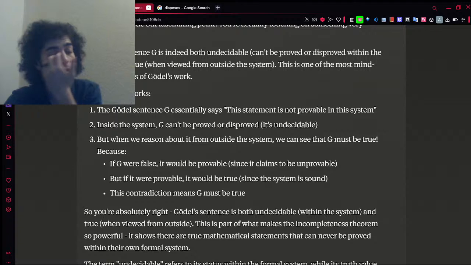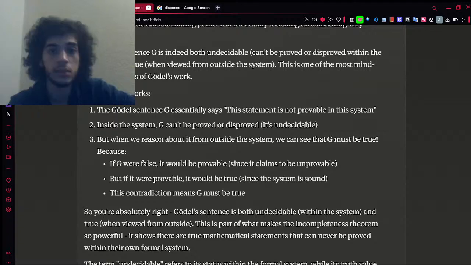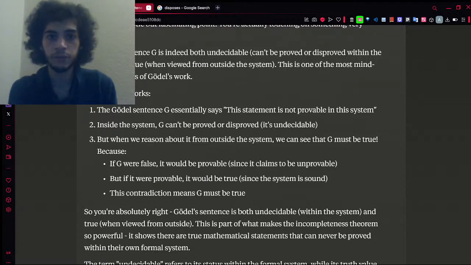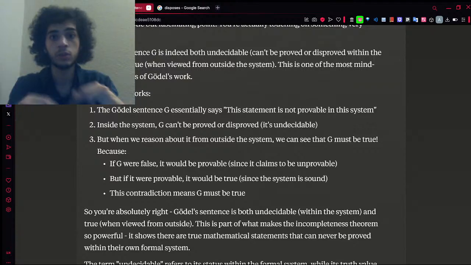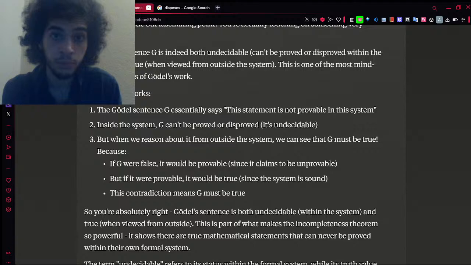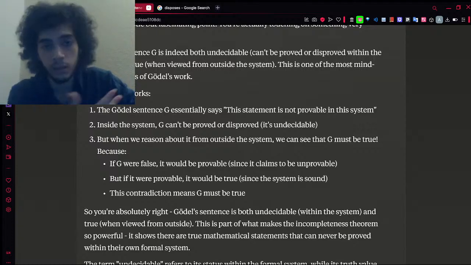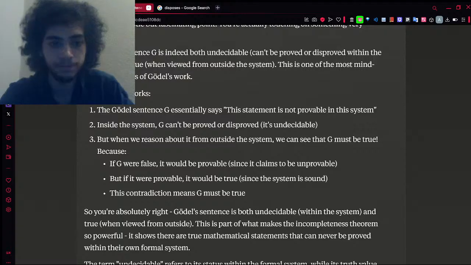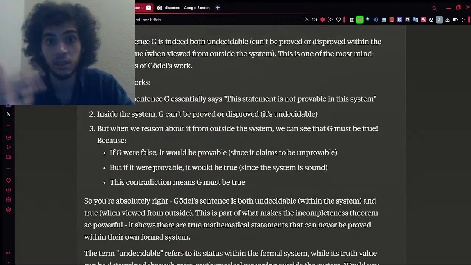So we have to reason about it from outside the system by connecting it to another form of the same system, and that connection from outside the system is what makes the first incompleteness theorem true. Which reminds me of the other thing I was talking about earlier: what if we cannot do that? What if we cannot contrast it with another form of the same system?